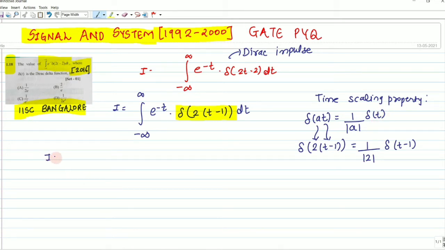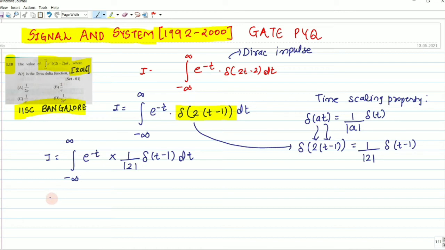Our integration will become the integral from minus infinity to infinity of e raised to power minus t, and in place of delta of 2t minus 1 we write 1 upon mod of 2 times delta of t minus 1, dt. We have just put in the value of delta of 2 times (t minus 1). All of you have understood?